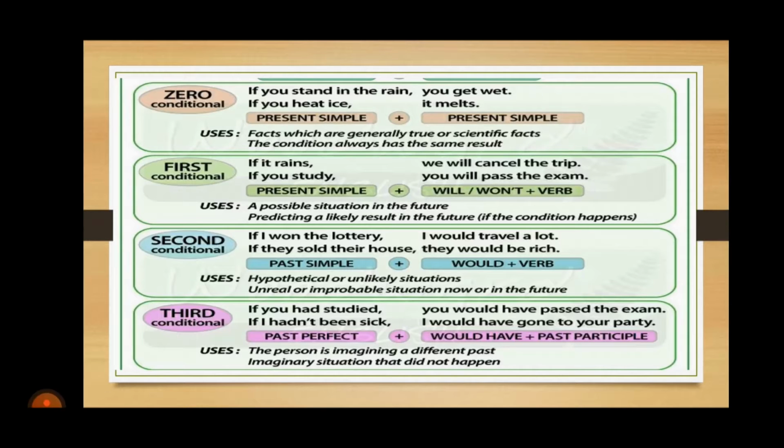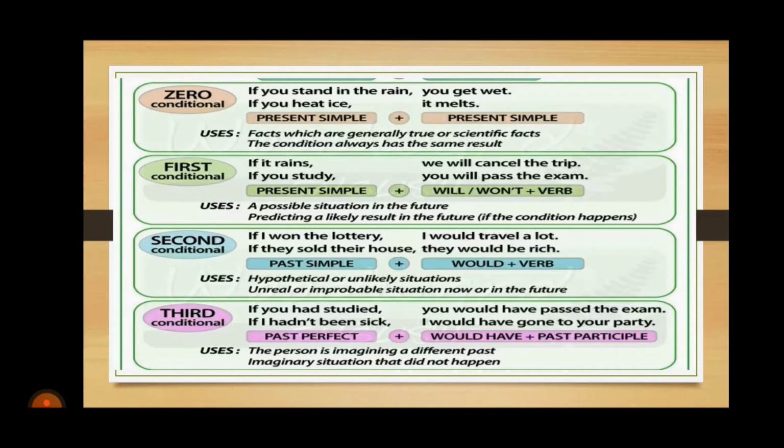Most probably only possible items you talk about here in the zero conditional clauses. Whereas if you take the first conditional type, if plus present tense plus future tense. So here, if it rains, we will cancel the trip. So possibilities, here you are talking about suggestions, possibilities, and imaginary situations also.